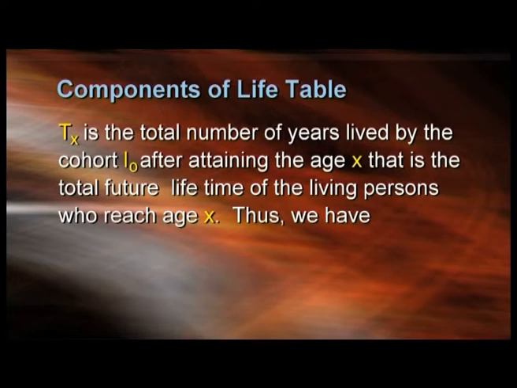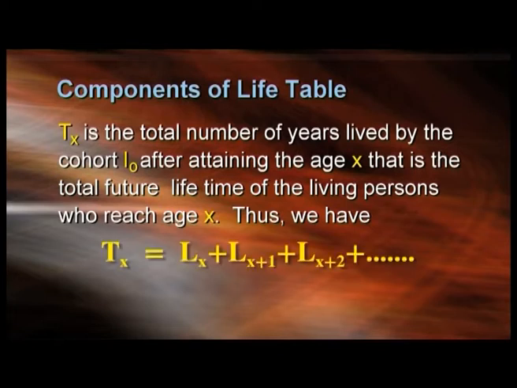T of x is the total number of years lived by the cohort L naught after attaining the age x, that is, the total future lifetime of the living persons who reach age x. Thus, we have T of x is equal to L of x plus L of x plus 1 plus L of x plus 2 and so on.